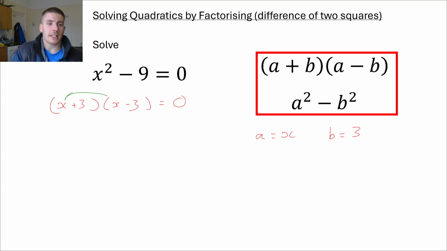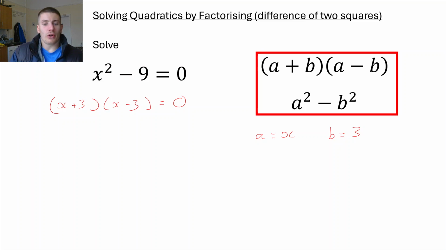You could do x by x, which is x squared, x by negative 3, which is negative 3x, and then the 3 by the x gives you plus 3x, which is why these two then cancel, and then you get the 3 by negative 3, which gives you minus 9, which is exactly x squared take away 9, what you've got up here. But of course, you don't need to go through it. That's just showing you could check your answer if you're sort of new to all of this stuff here.